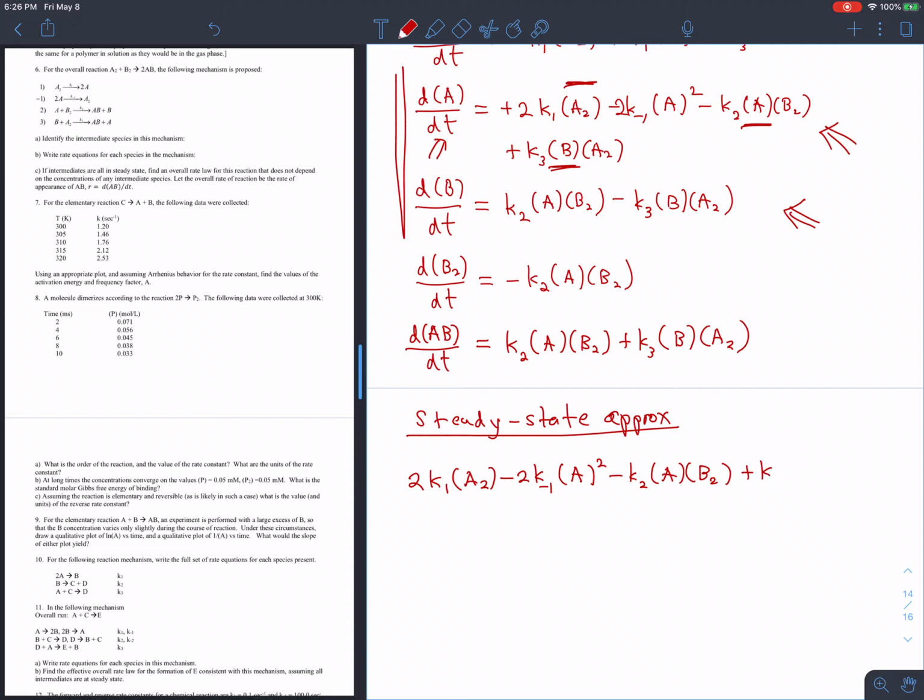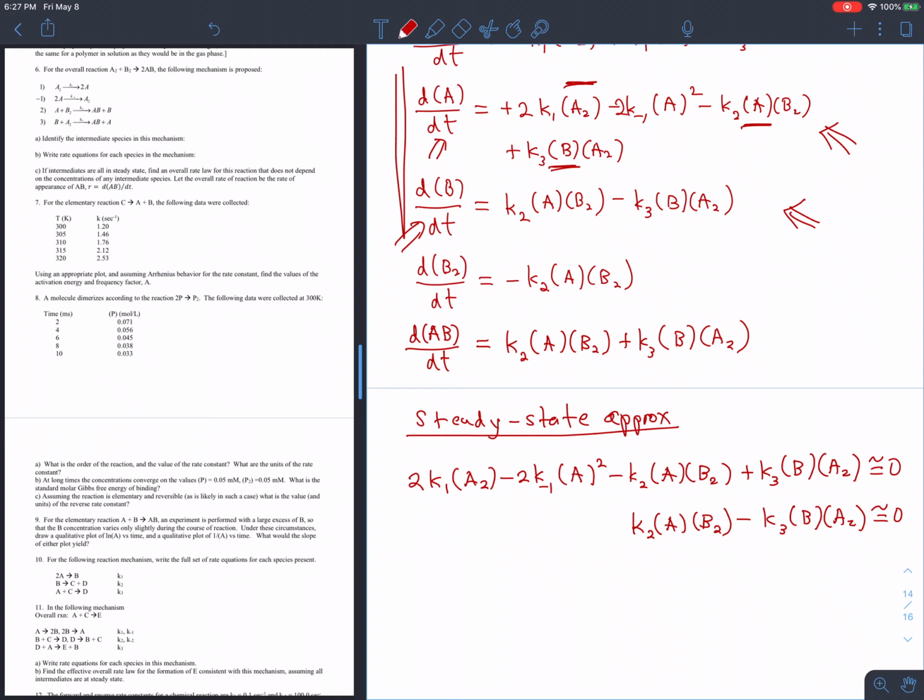Plus K3 times B times A2, that's approximately equal to 0. And now using the B case, we have K2, and I'm going to write it over here, K2 times A times B2 minus K3 times B times A2 is also approximately equal to 0.